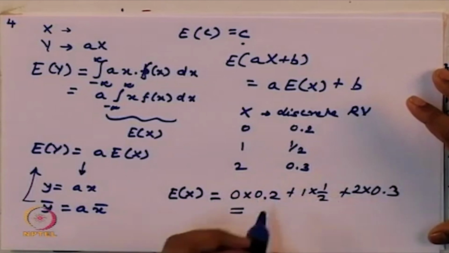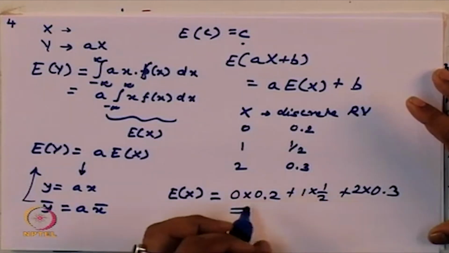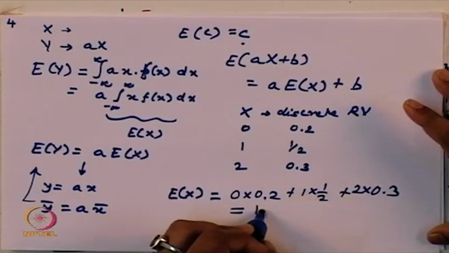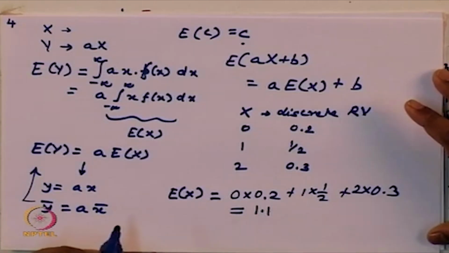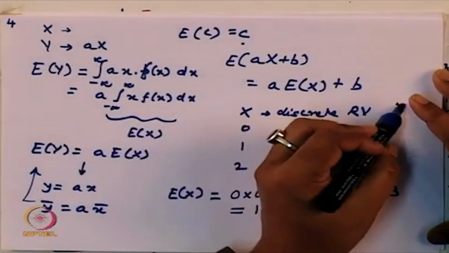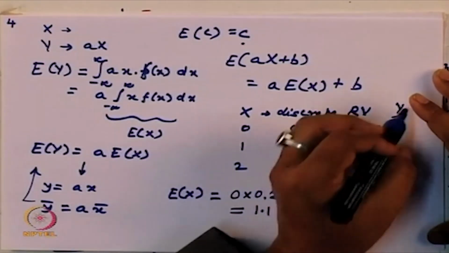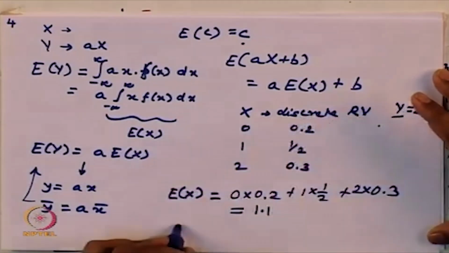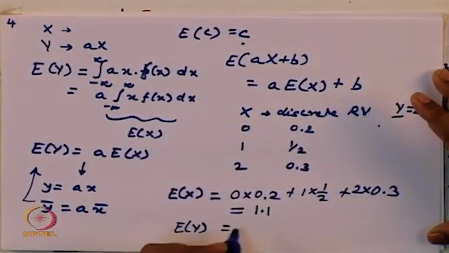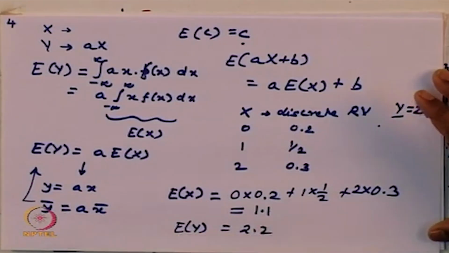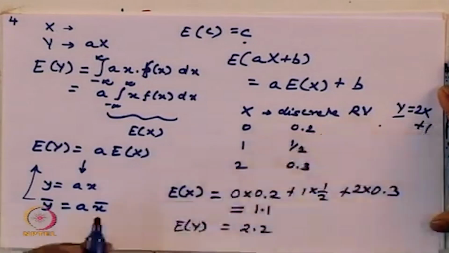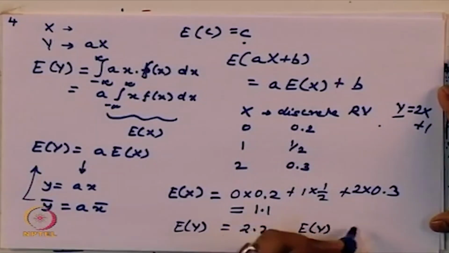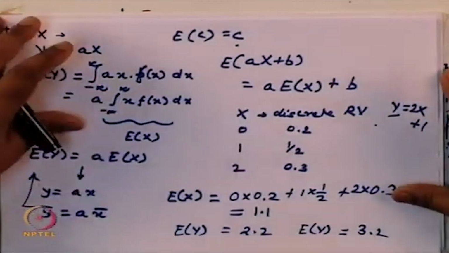On an average I have 0.6 plus 0.5, which is 1.1. If I define y equal to 2x, then E of y is simply going to be 2.2. If I define y is 2x plus 1, then E of y is going to be 3.2, and so forth.